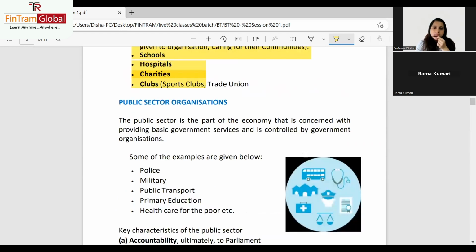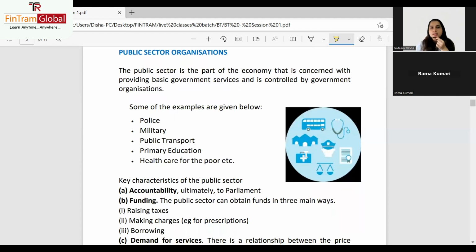Then we have public sector organizations. The public sector is the part of your economy that is concerned with providing some government services. These government services are, of course, controlled by your government organization.